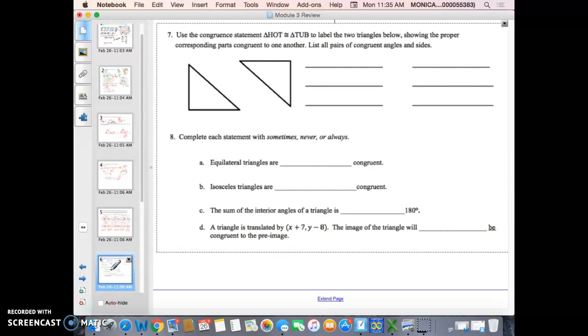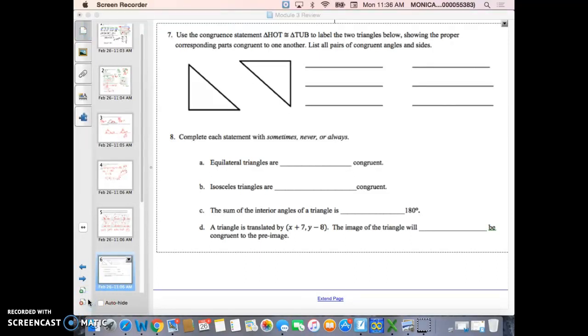Okay. All right, let's practice a proof. Use a congruence statement. Let's see, hold on 1 second. All right, so first we're going to label these triangles, and I'm going to call this H. And I'm going to have to call this one T. O, U, T, and B. That should do it.